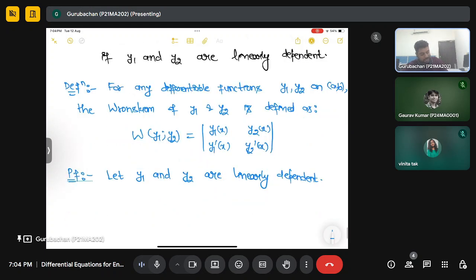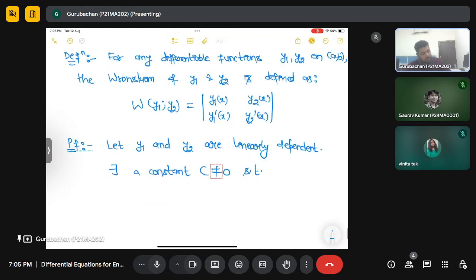So what does linearly dependent mean? There exists a constant c that is not zero such that y1(x) can be written as c times y2(x). This is the definition of the linear dependency.